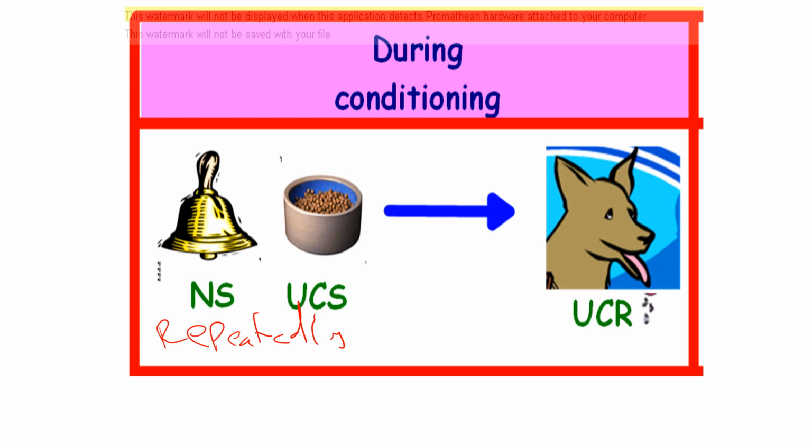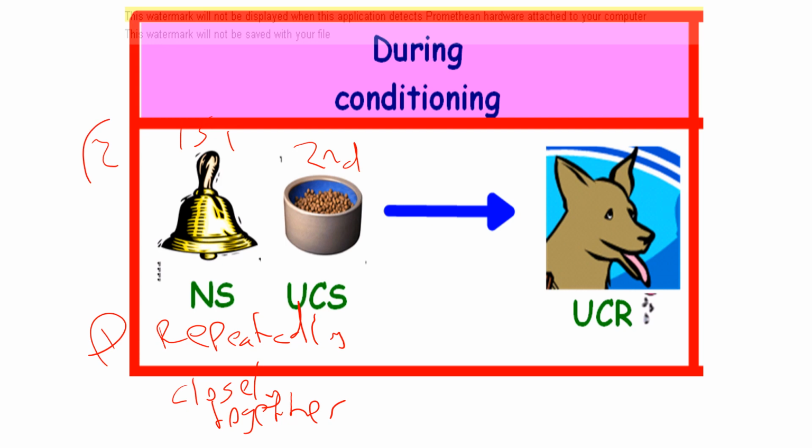The NS must always be first, and the UCS is obviously second, and they must be paired closely together, otherwise no association will be made. So three key points: repetition, the NS is always first, then UCS, and they've got to closely follow one another so that association can be made.